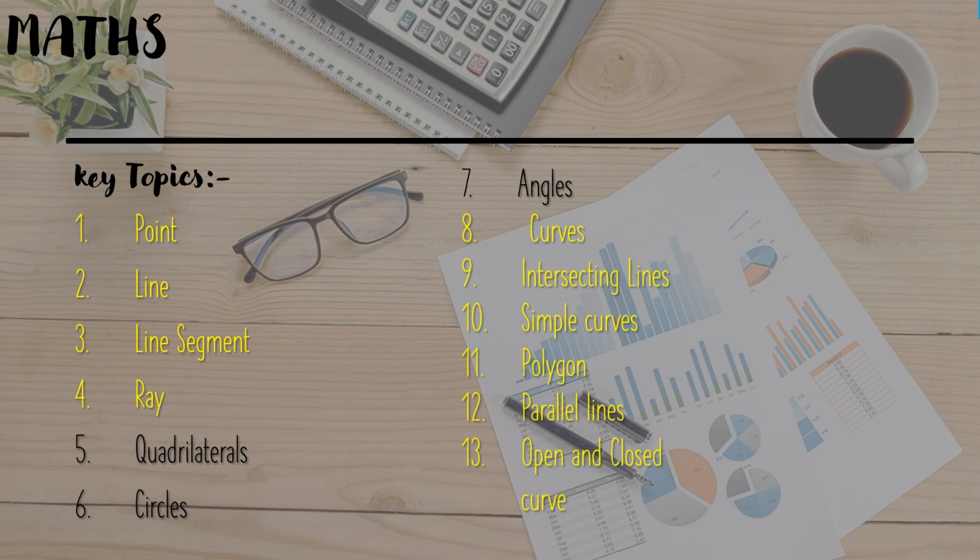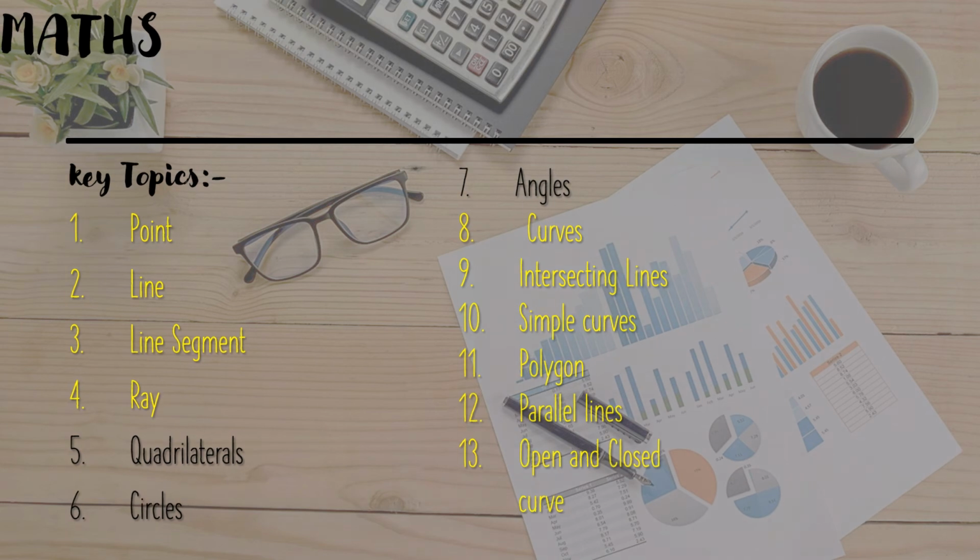These are point, line, line segment, ray, curves, intersecting lines, simple curves, polygon, parallel lines, open and close curve. So let us have some revision and then we'll start with today's topic, that is quadrilaterals, circles and angles.